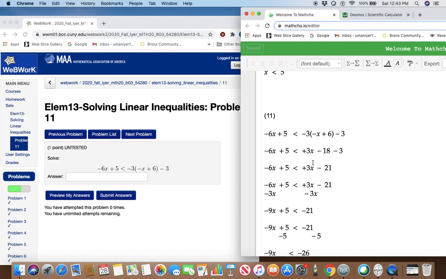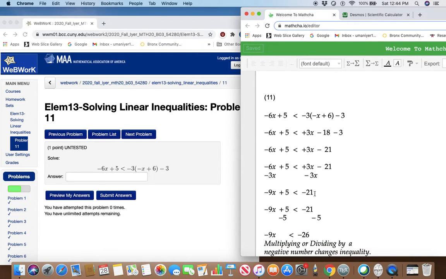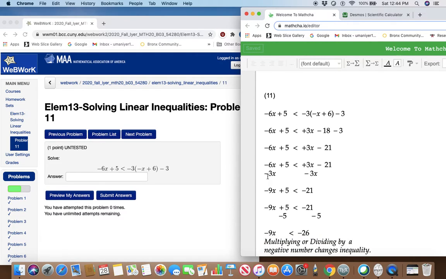Now combine the x's. So I have an x here and an x here. So I'm subtracting 3x from both sides. That gets me on the left negative 9x plus 5 less than, these two cancel, negative 21. I hope it's clear.